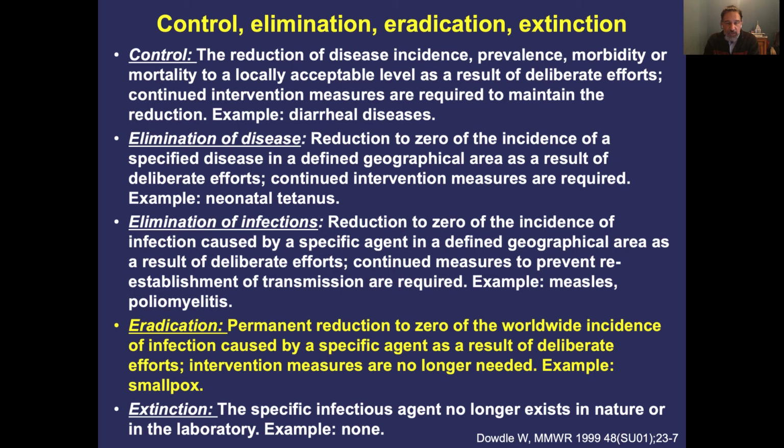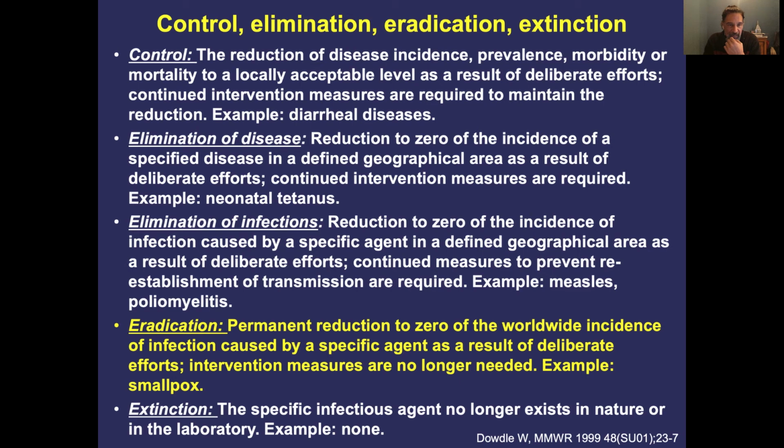So trying to really focus on reducing the incidence of disease, the morbidity associated with an infection. Next is actually trying to eliminate the infection altogether, and that is about reducing the incidence to 0 of the infection in defined geographic areas as a result of deliberate efforts, interventions and strategies.